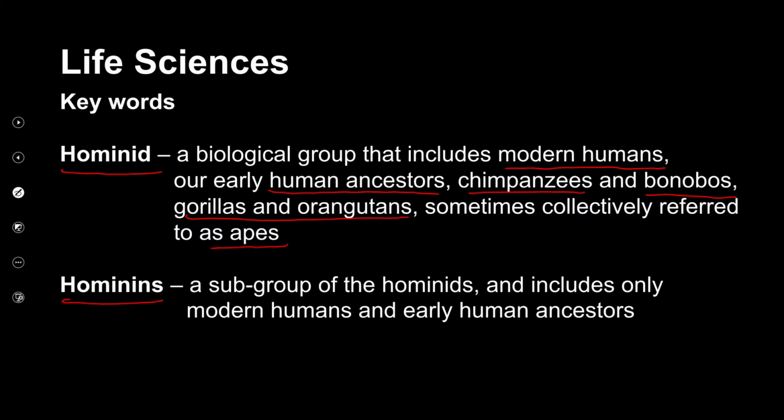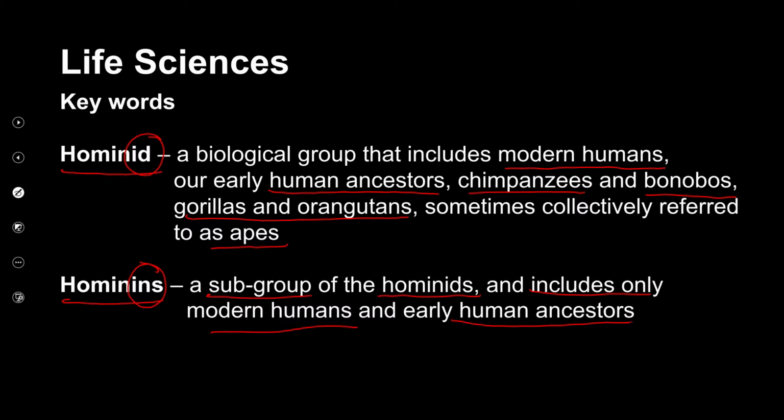That is different to hominins. You can see the spelling of the word: hominid has a D at the end, whereas hominin has an N. Hominins are a subgroup of the hominids, a smaller group that includes only modern humans and early human ancestors.